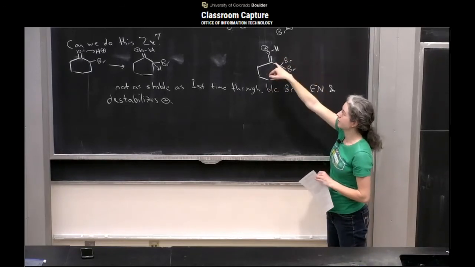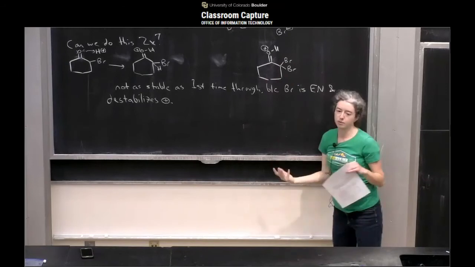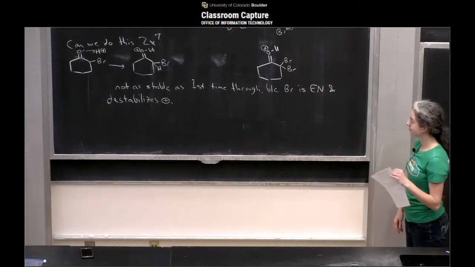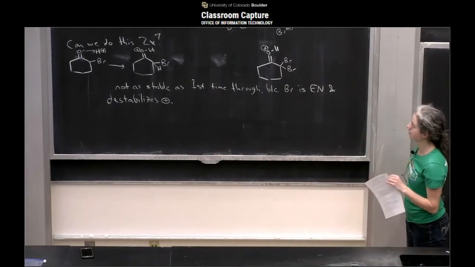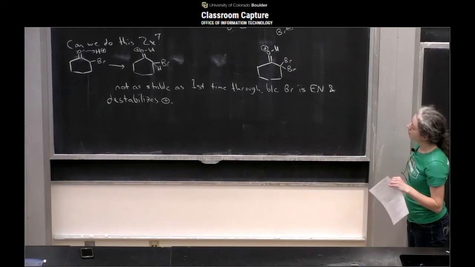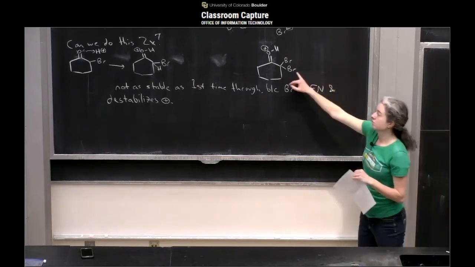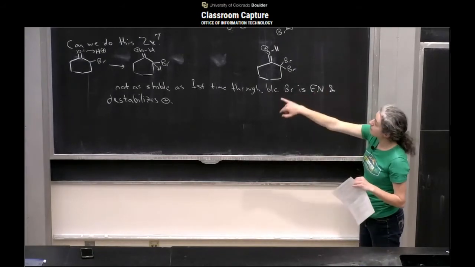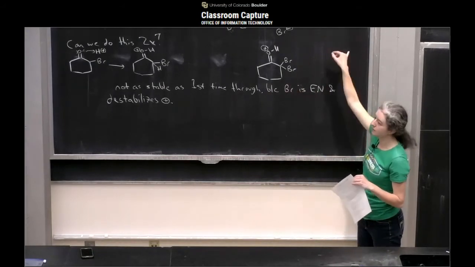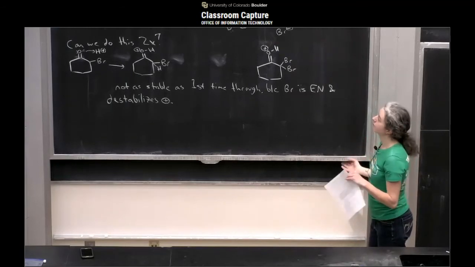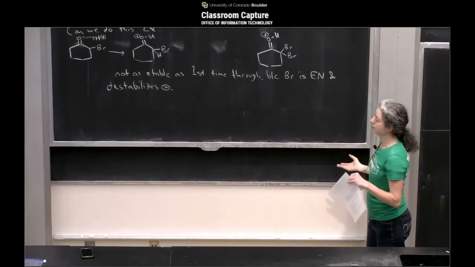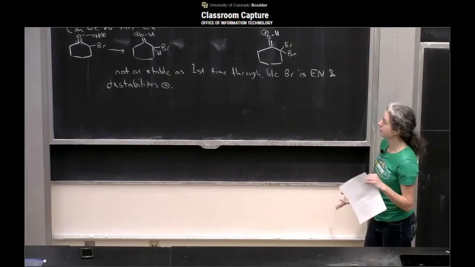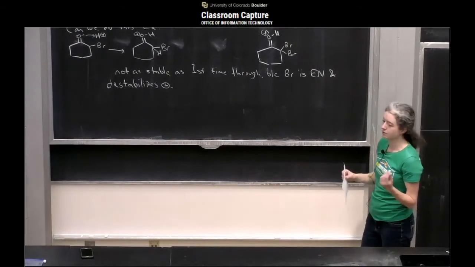Like any point where there's a positive charge on the molecule, more bromines is going to be worse for stability. So that's kind of why I drew out both options here. But either way you slice it, it's going to be slower the second time through. So in acid, you can actually stop this after a single addition fairly easily, just based on stoichiometry and also keeping an eye on monitoring the reaction.